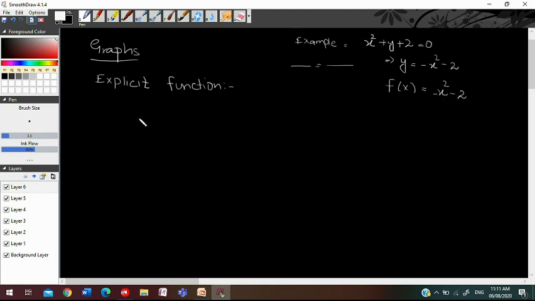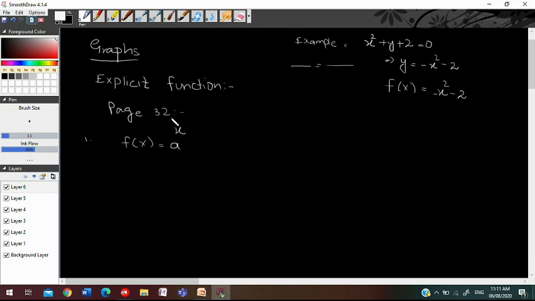Right? Now, today's topic is how to draw the graph of explicit function. In your book at page number 32, the first example of the explicit function is f of x is equal to a power x.